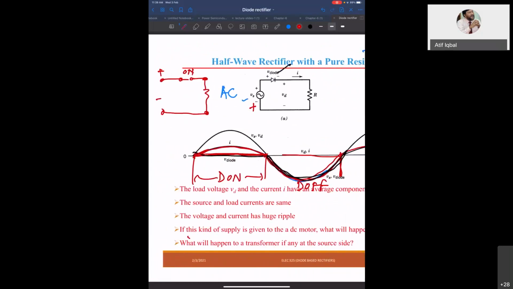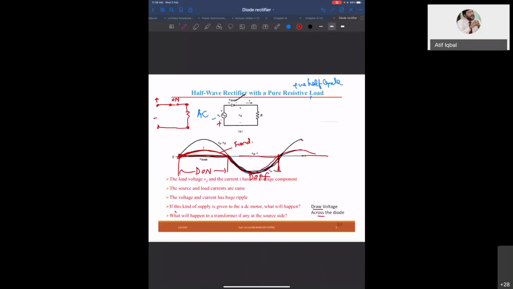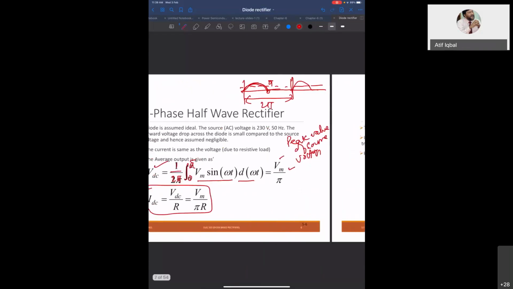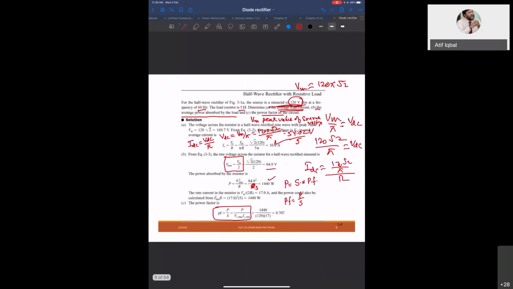We cannot calculate it from here because we have to take the fundamental component of this and then check what the power factor is. So we have to do the Fourier series of this and then get the power factor from the waveform. We cannot look at the waveform and tell that this is the power factor. Always you have to use this expression to calculate power factor.